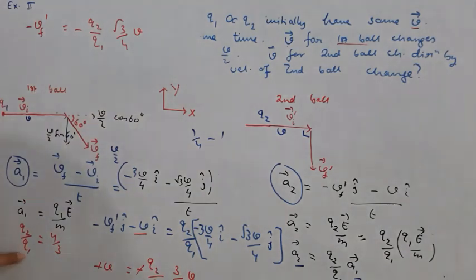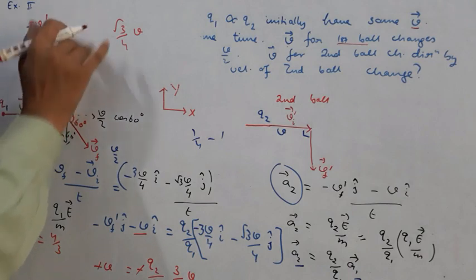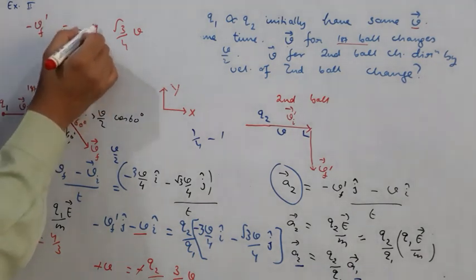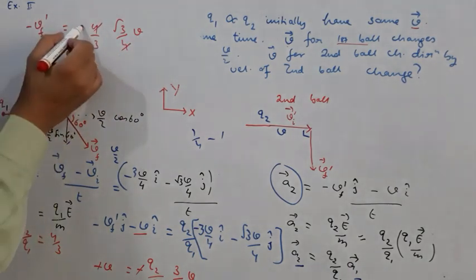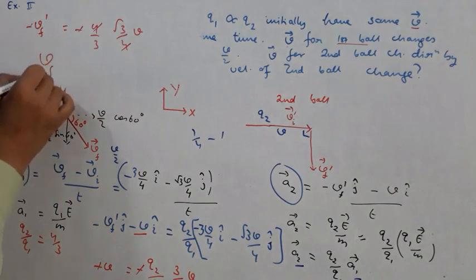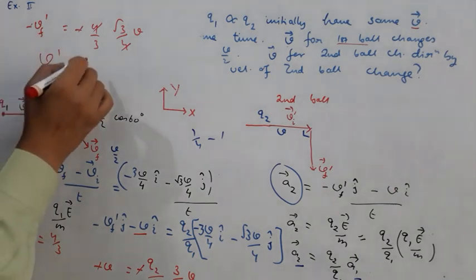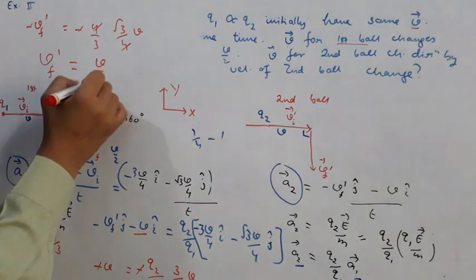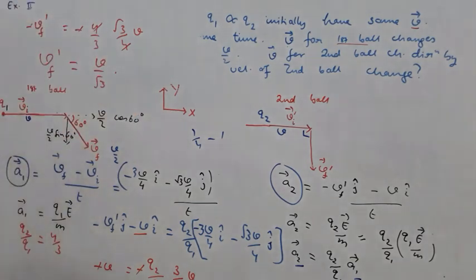Now q2 by q1 is how much? 4 by 3. So this we will write as 4 upon 3. So 4 will cancel, minus will also cancel. So this gives you the answer: vf dash is equal to v upon root 3. So it becomes 1 by root 3 of the initial value. This is what was asked in this particular question.